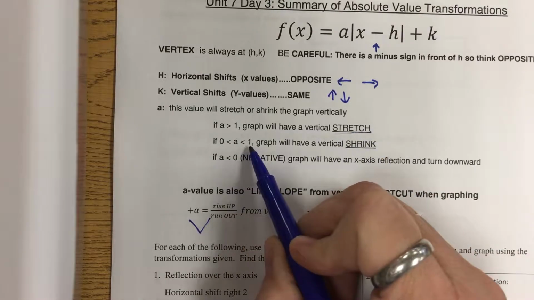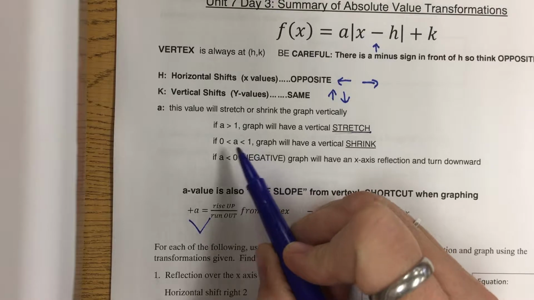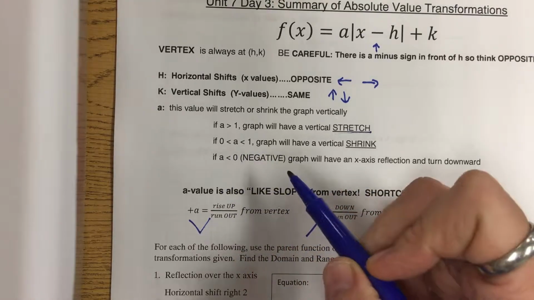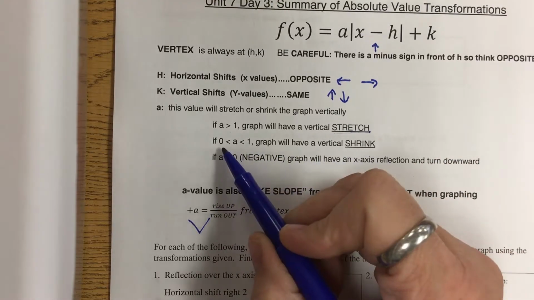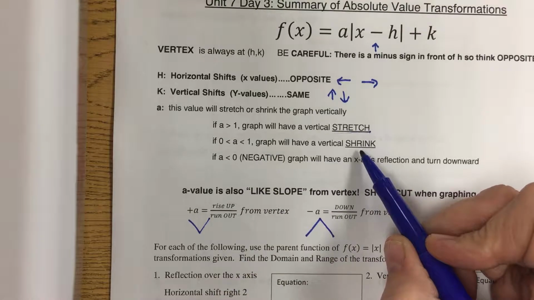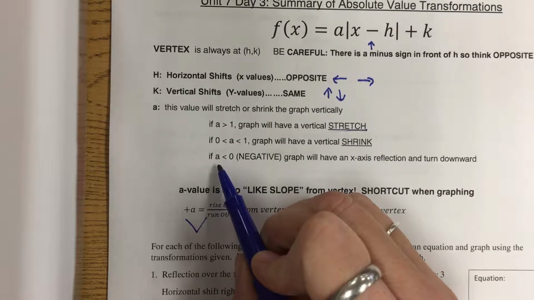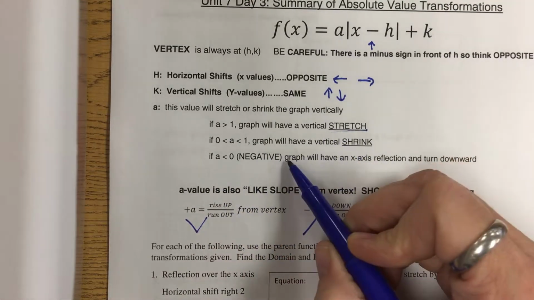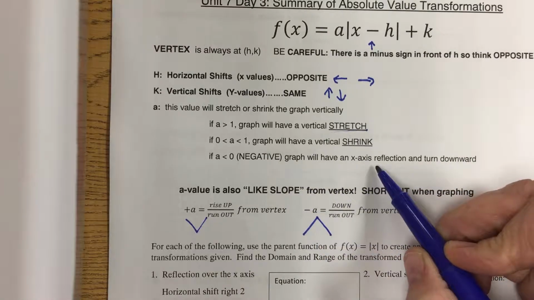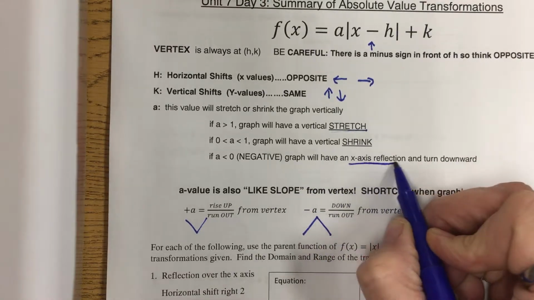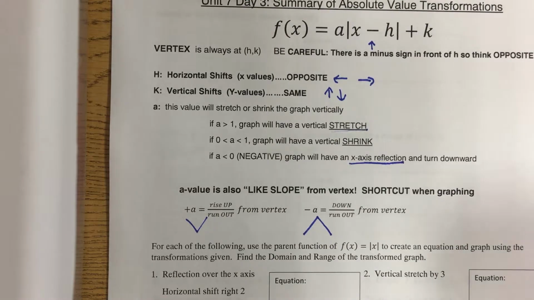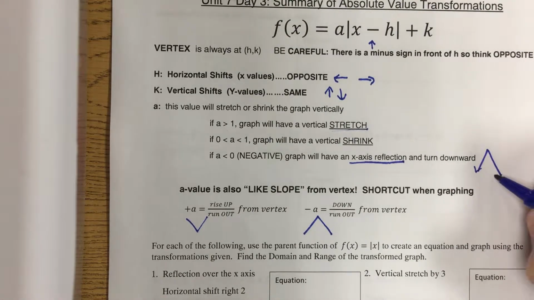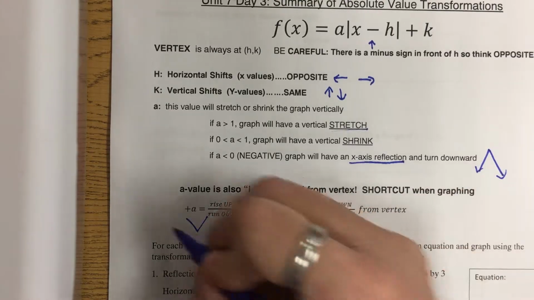If it's between 0 and 1, again, between 0 and 1, don't say just less than 1, you'll have a shrink. And then if A is less than 0, negative, then the graph will have an x-axis reflection and turn upside down. Again, that's what I just said a moment ago. Guess I should put some arrows on these. There we go.